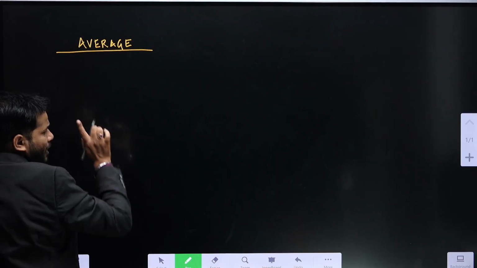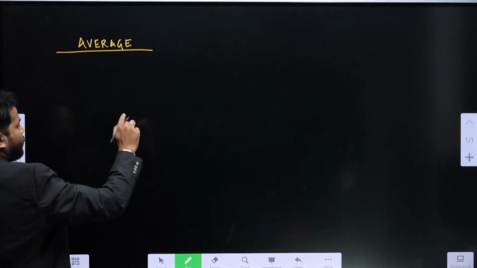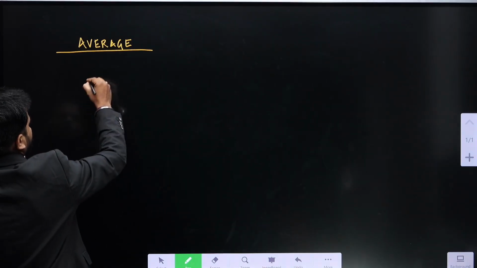When the concept of average is given to you, I want to write a definition which you will not understand at the first place. Let me write that definition.